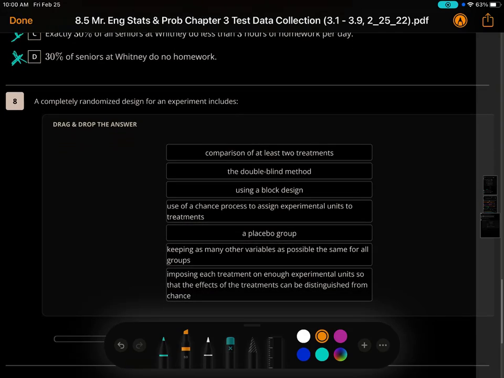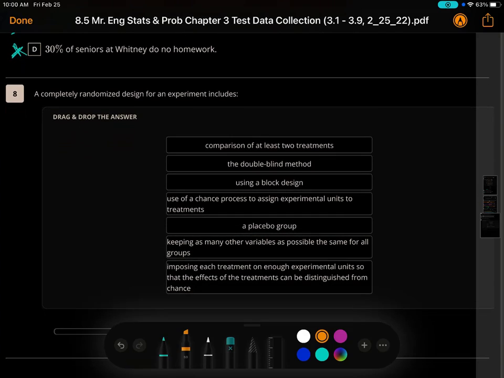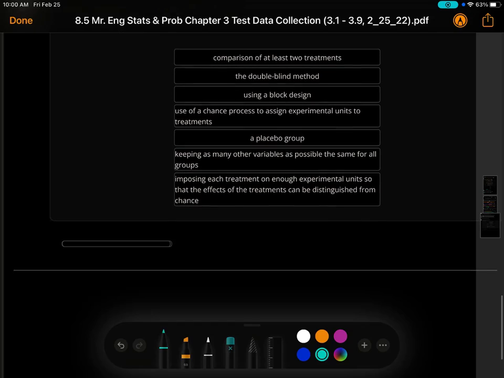And question number 8, a completely randomized design for an experiment includes. So if you remember back in your notes, the first thing you kind of want to do is, how do you pick your experimental units?